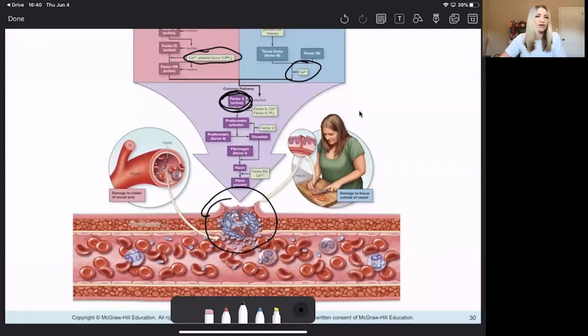The last part of hemostasis is the sympathetic response to blood loss. So what happens when you're losing a lot of blood? If you lose more than 10% of your blood volume, a survival response is initiated in your body.